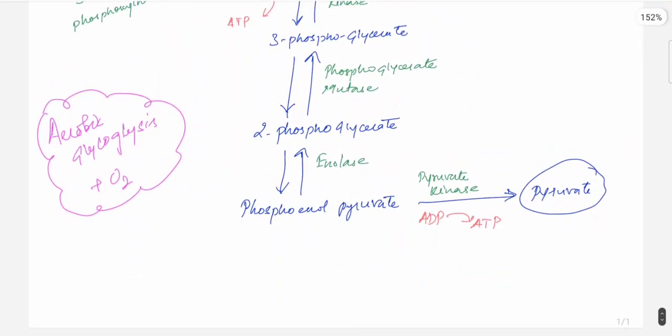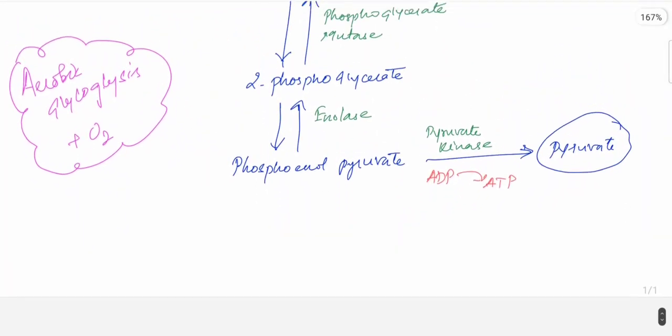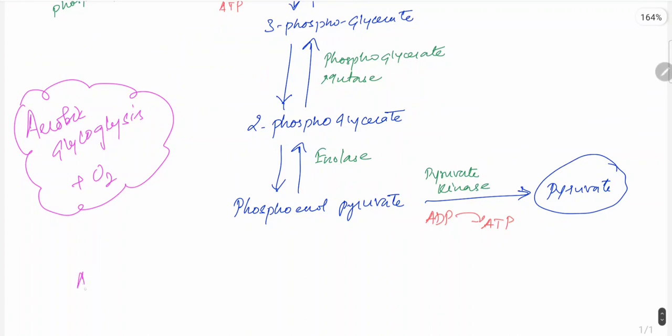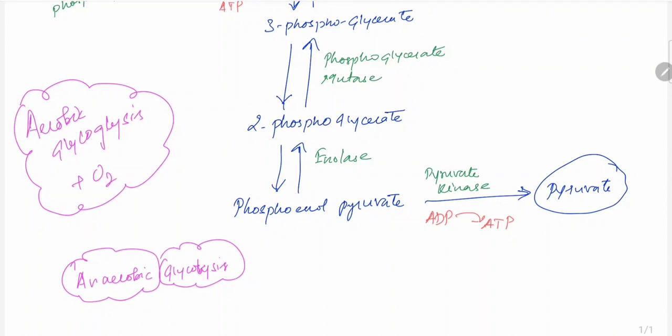So in anaerobic glycolysis, what happens is this pyruvate is converted into lactate.